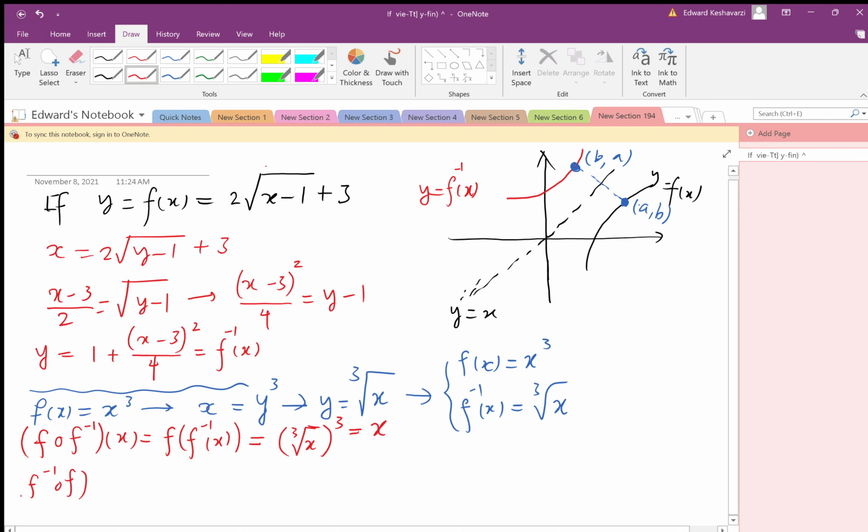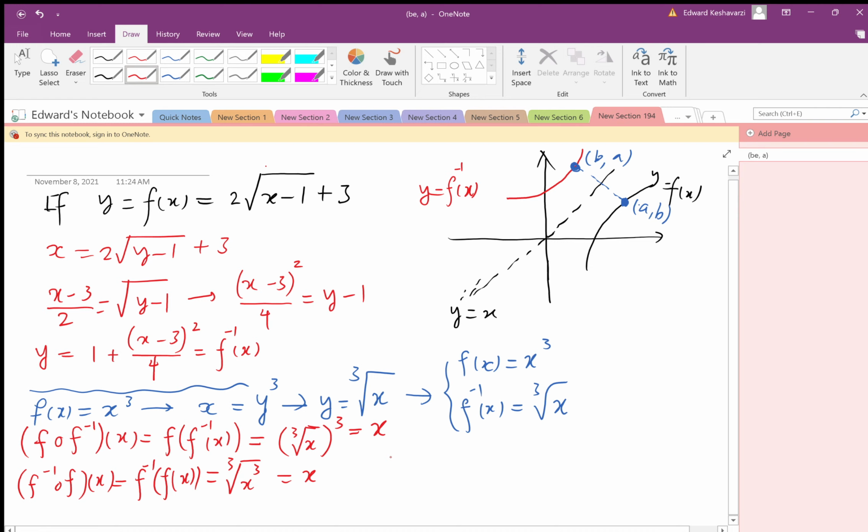Now I'm going to switch f and f inverse order, and I'm going to find out what is f inverse o f of x. By definition, it's going to be f inverse of f of x, which means we need to insert f into f inverse, which is cube root of x cubed, which is x.